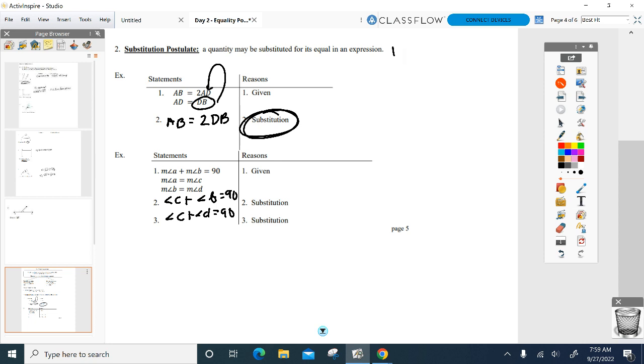Real quickly up above, make a little note for yourself. How do you know you're going to use substitution in a proof? You see repetition. Used when angles and segments repeat.